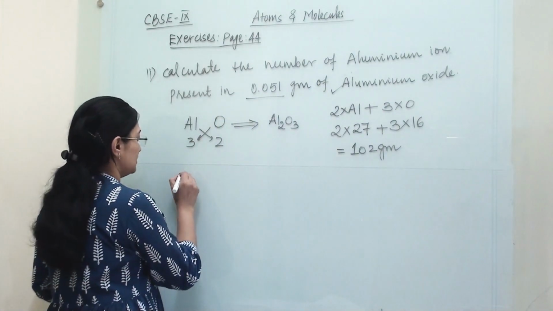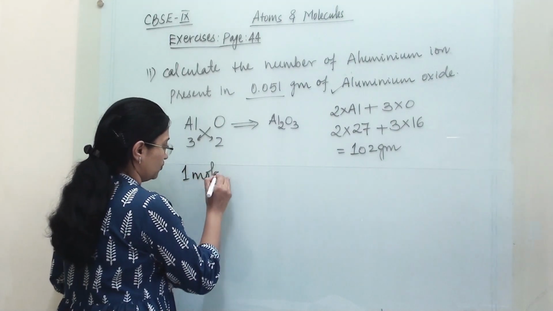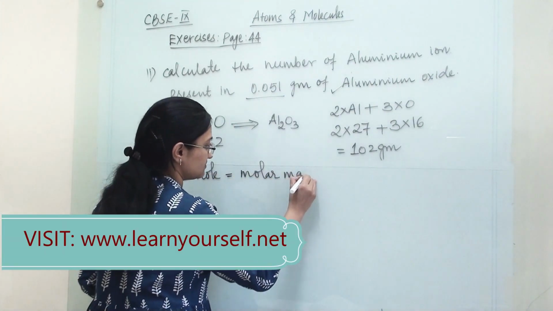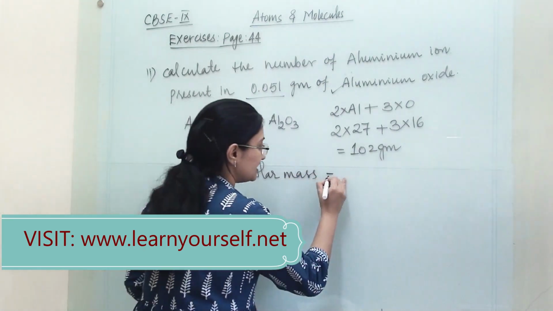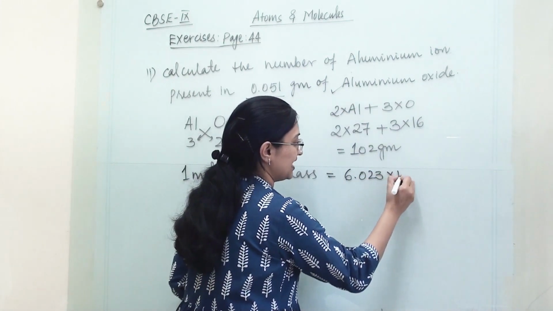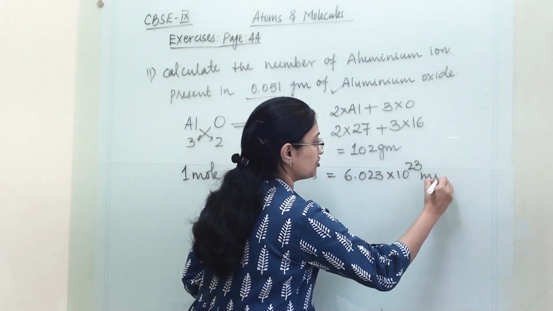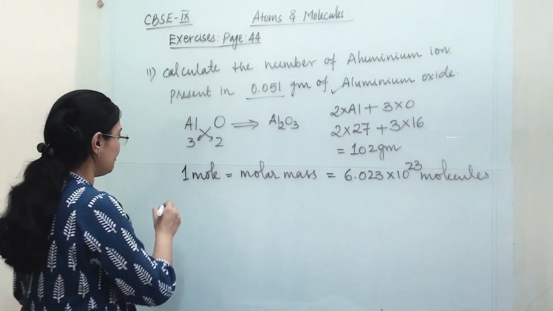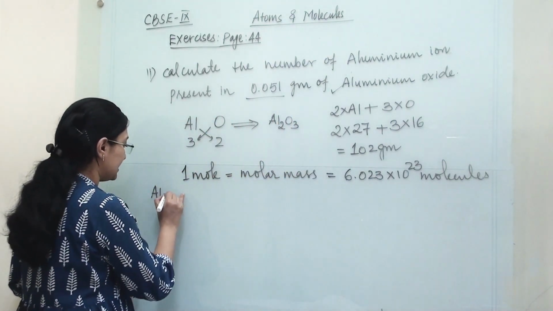So 1 mole of any substance, equal to its molar mass, equals 6.023 × 10^23 molecules. So here we are finding it for Al2O3.